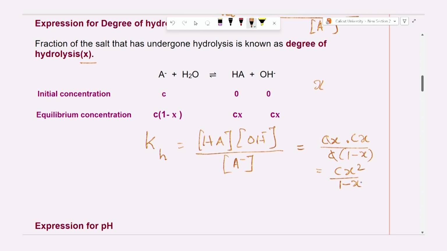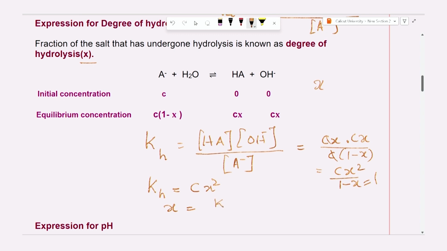Assuming the degree of hydrolysis x to be very small, which we have been doing so far, you can put 1 minus x equal to 1, and therefore KH is equal to Cx square.